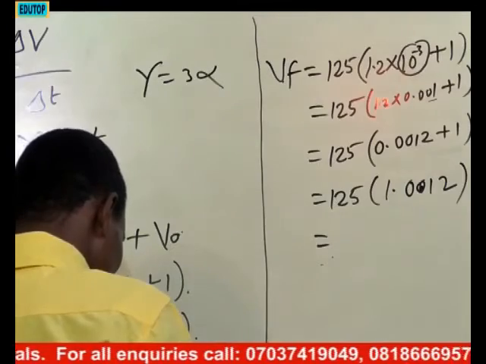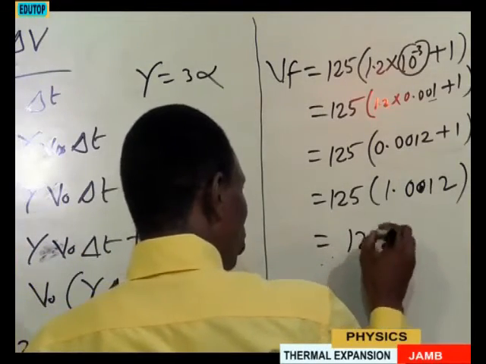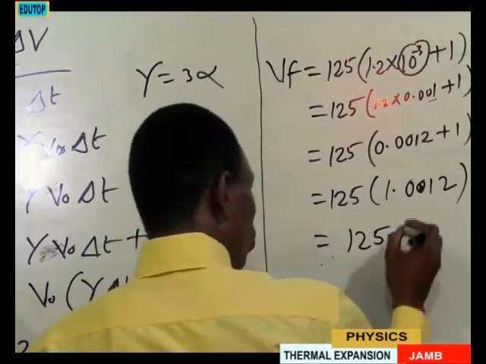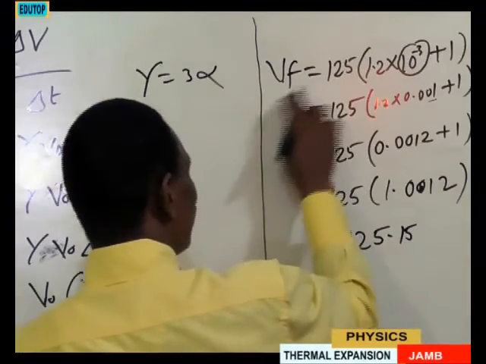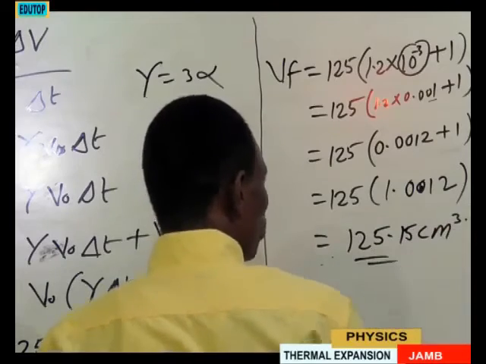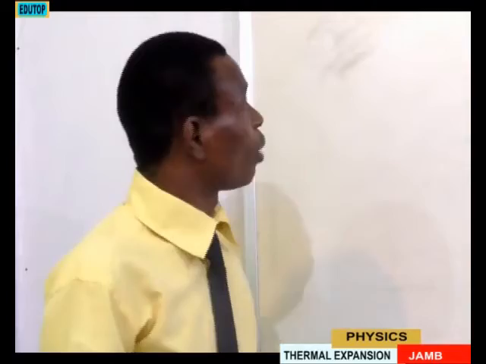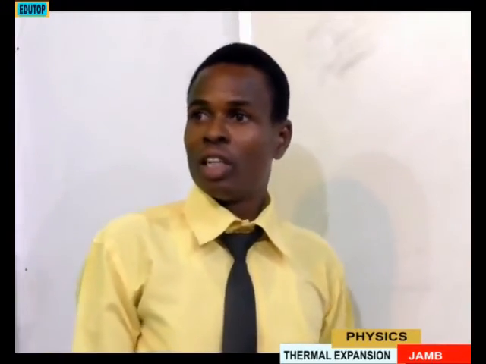By 125, it will now be equal to 125.15. But we are looking for final volume, centimeter cube. 125.15 centimeter cube. Let's consider question number 5.